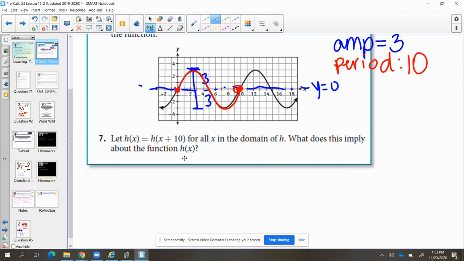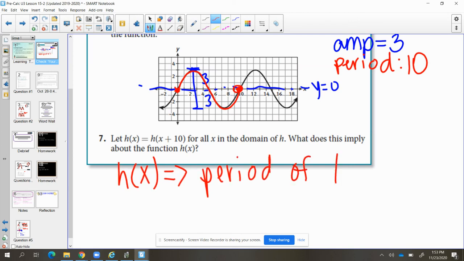Well, it's saying that it's back to its original position here when you get to 10. So what this is basically saying is that this periodic function has a period of 10, right, that it's repeating itself again.